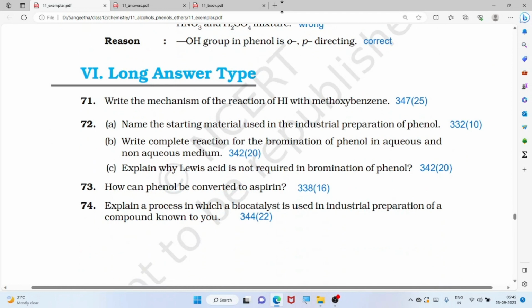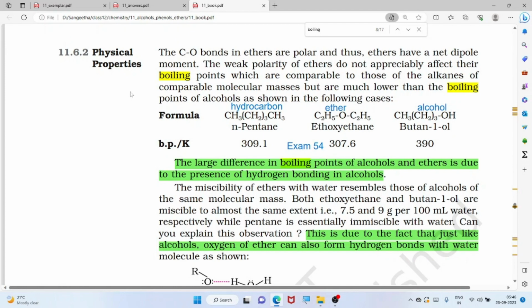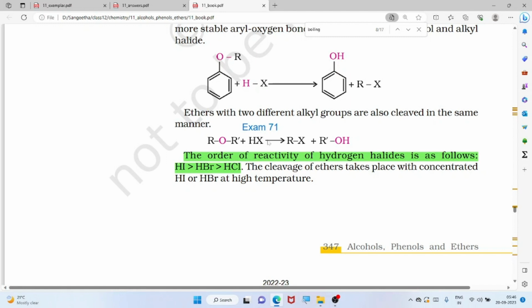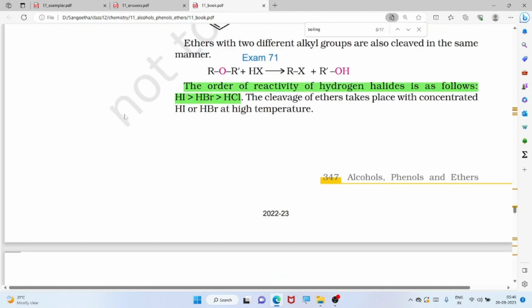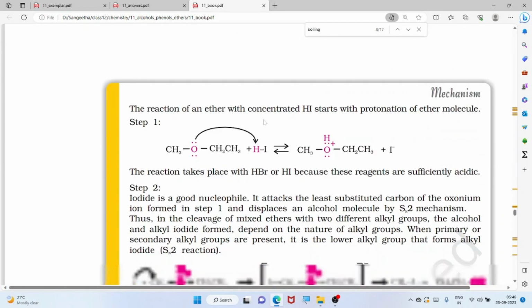Write the mechanism of the reaction of hydrogen iodide with methoxybenzene. Okay, this is the reaction. Methoxybenzene with hydrogen iodide. So you can go through this reaction, the steps of the reaction.